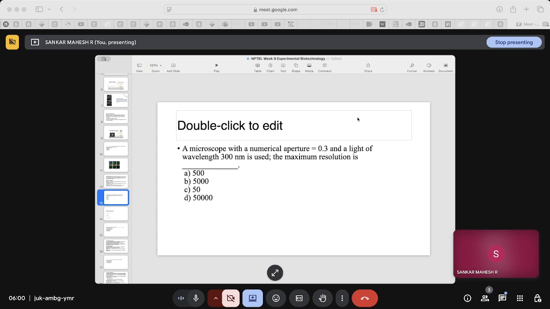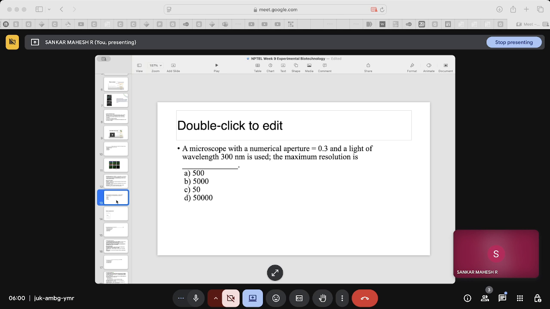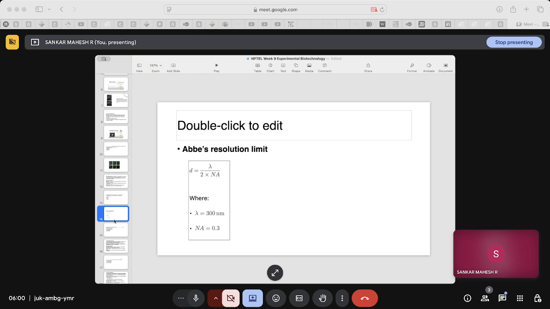Okay, so numerical aperture tells you how much light can enter and at what resolution you'll be able to spot the images. Now, there's one formula that relates your maximum resolution based on numerical aperture and the wavelength. This is called Abbe's resolution limit, and it tells you that d, which is the resolution, is equal to lambda by 2 times NA.